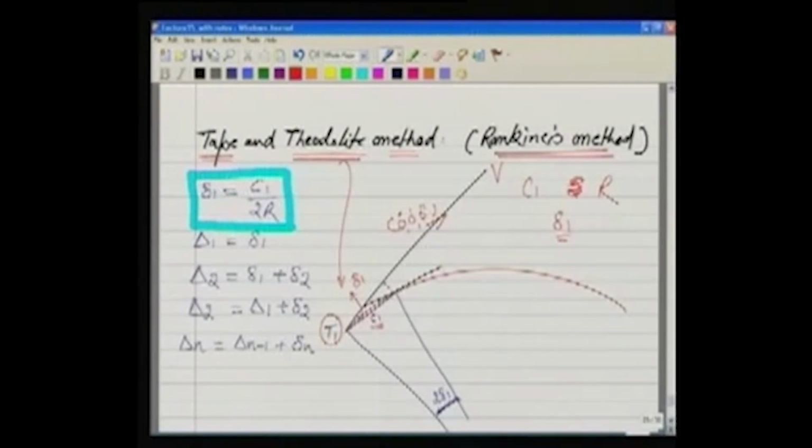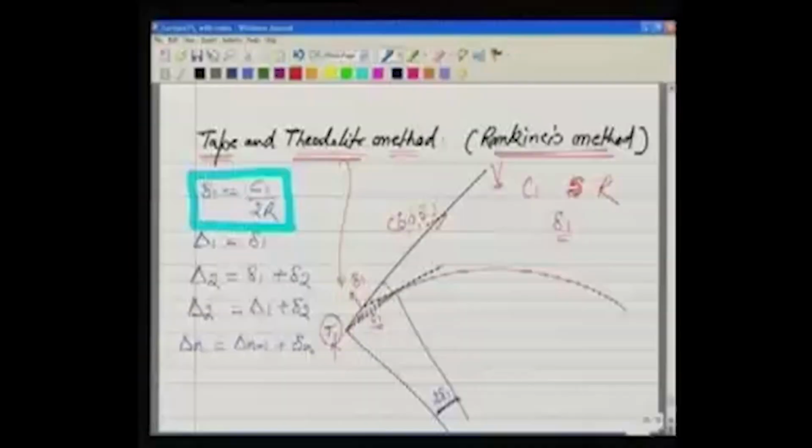So standing at T1 with the theodolite, we have set this V, point of intersection, as 0, 0, 0. Now we set in our theodolite an angle equal to delta 1. The moment we have set angle delta 1, we are looking in the direction of this chord, which I am highlighting here.